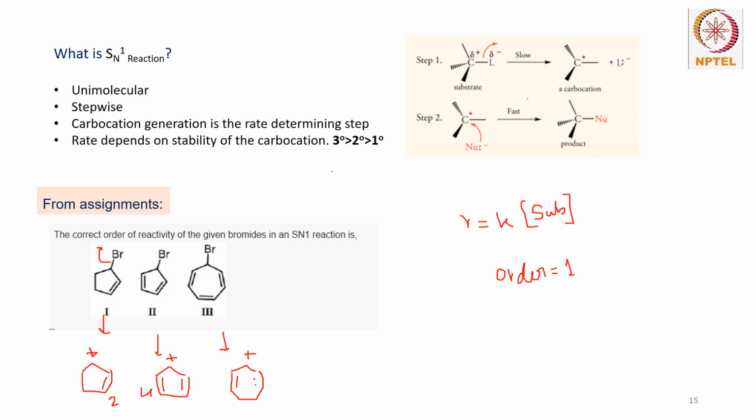So you can see this is a tropylium ion, that is 6 pi electrons, aromatic.